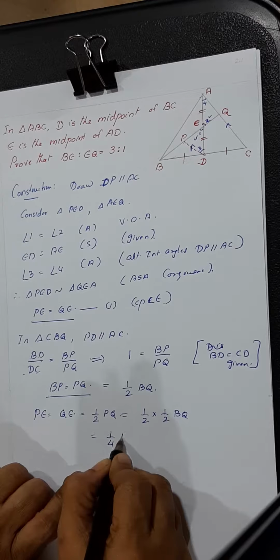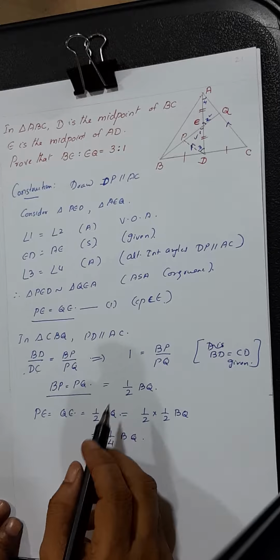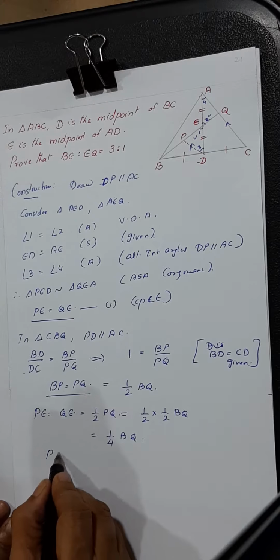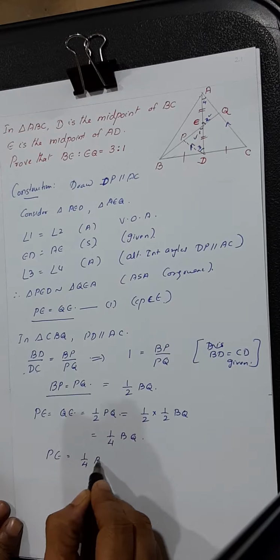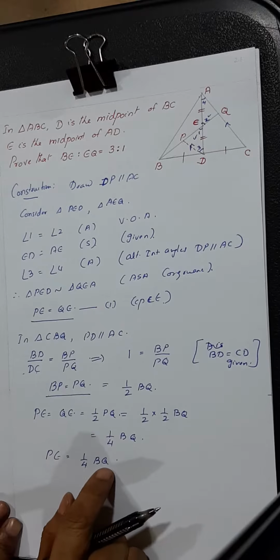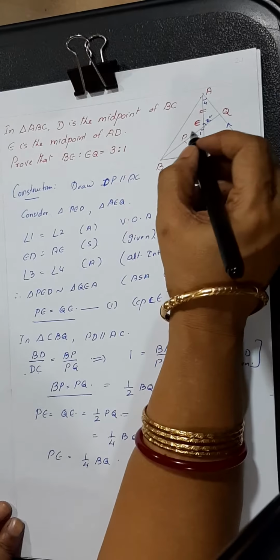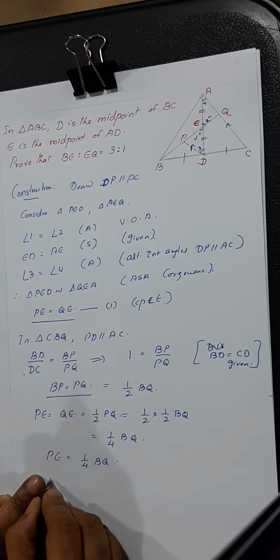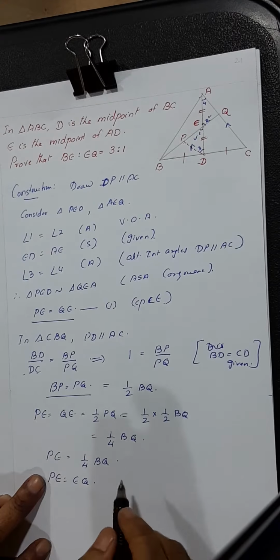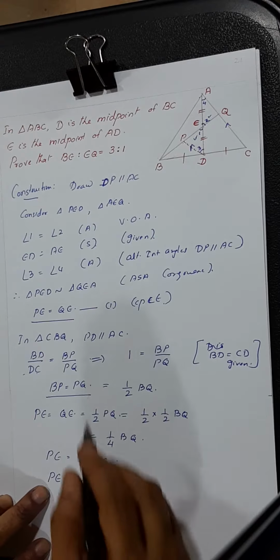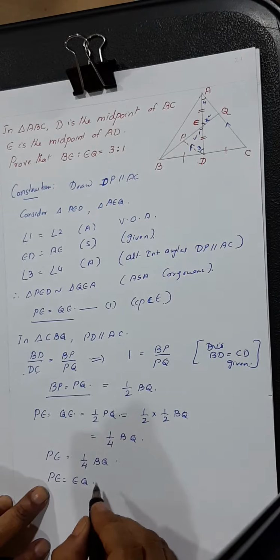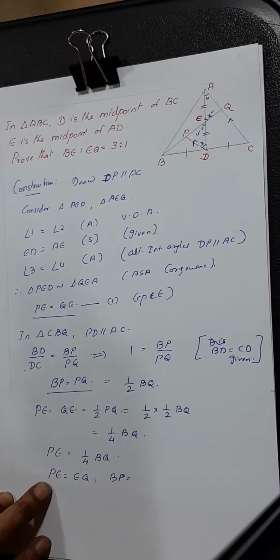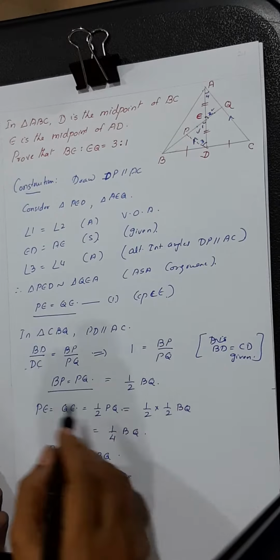So this is equal to 1 by 4 BQ. So we got PE is equal to 1 by 4 BQ, and we know BP is equal to PQ and PE is equal to EQ. Okay, let us do this in an easier way.